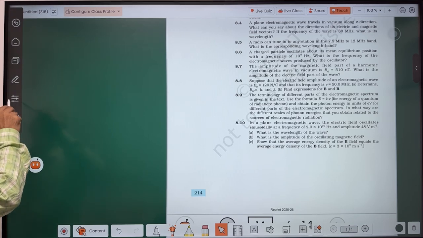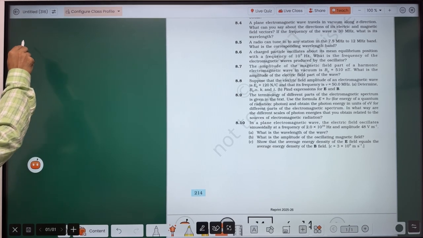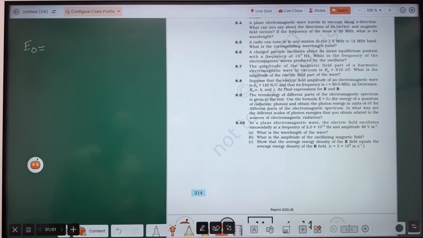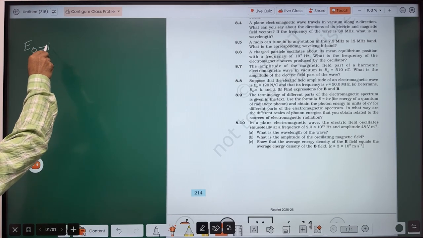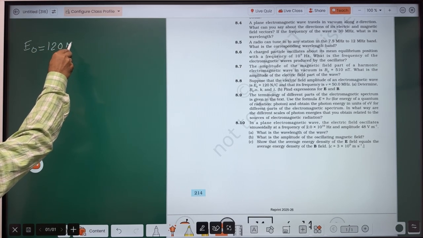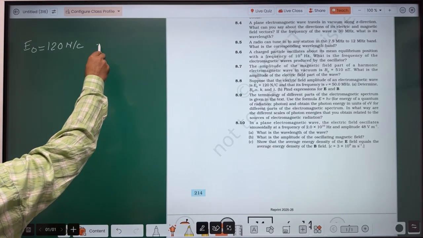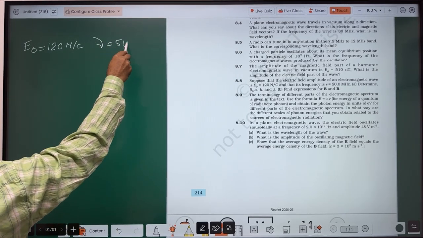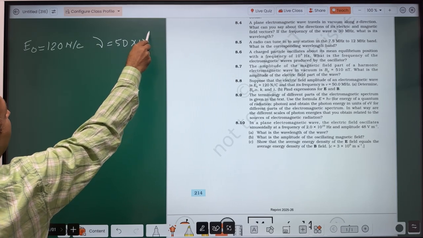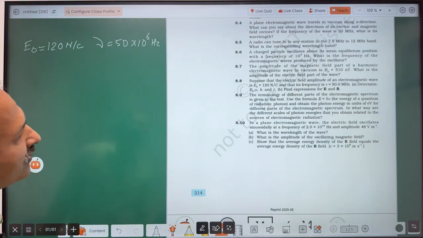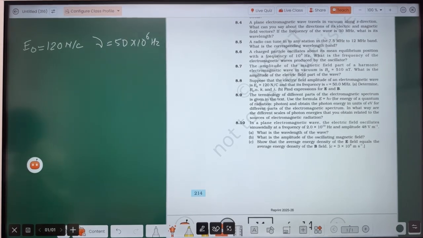So here this is an important question. We are given E0 is 120 Newton per Coulomb and frequency is given as 50 into 10 to the power 6 hertz, because it is given in million hertz.